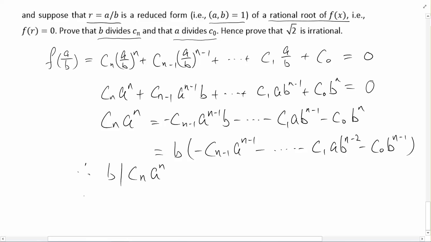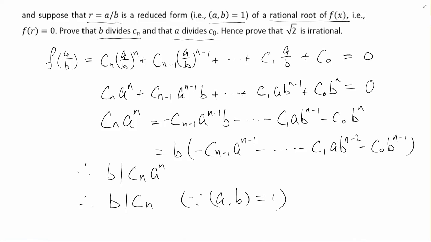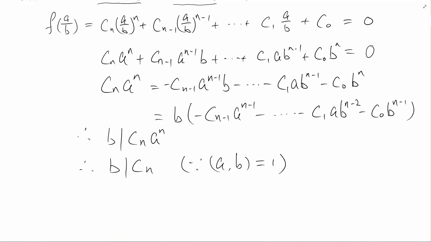And therefore, we may conclude that b divides Cn, because a and b are relatively prime. They don't have common factors other than 1. So we have proved the first point here: b divides Cn.